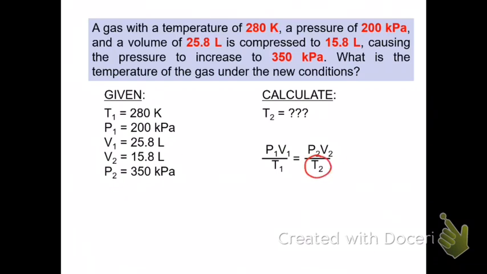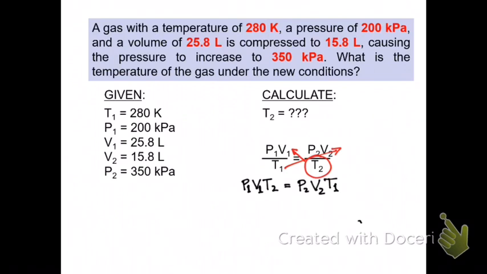So what we can do here is to cross multiply, and we get P1 times V1 times T2 equals P2 V2 times T1. That's the result of cross multiplication.